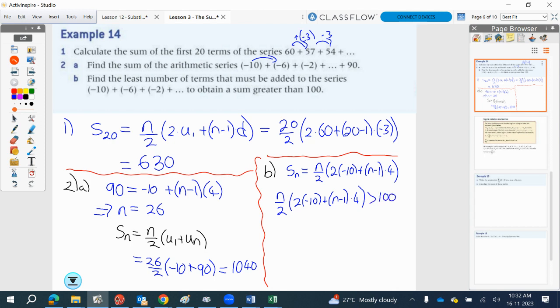Solve this now with your calculator. Solve it with an equal sign, and then you just round up to the next integer. What do we get for n?